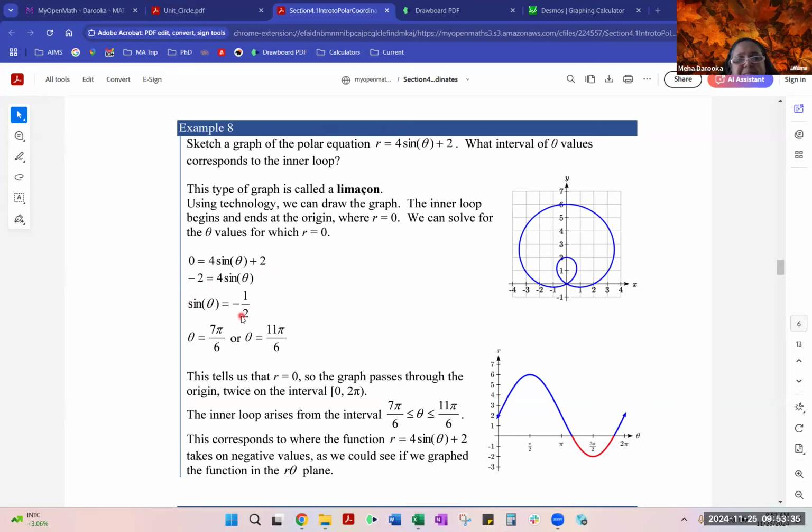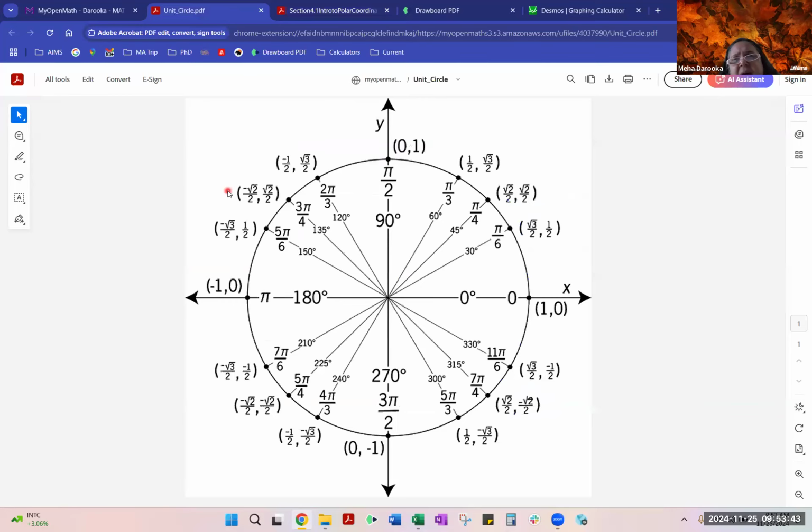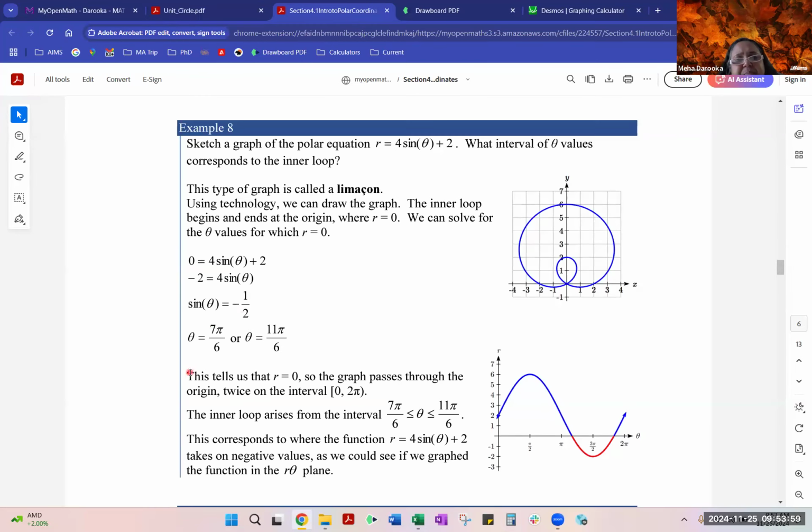And then, of course, you can use the unit circle or you can use the sine inverse function. But in this case, -1/2 can be found on the unit circle. So you will see we have a theta value of 7 pi over 6, where sine is -1/2. And then on the other side, sine is -1/2 for the angle 11 pi over 6.